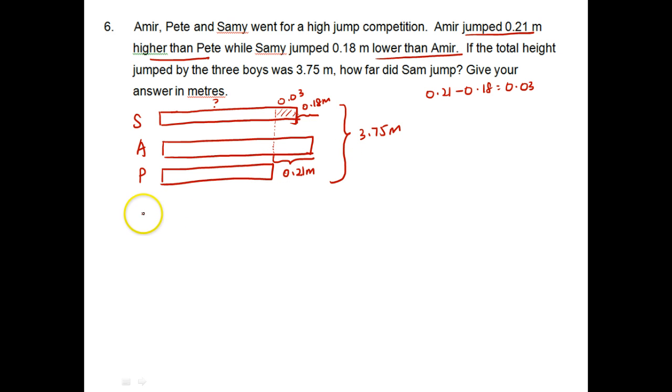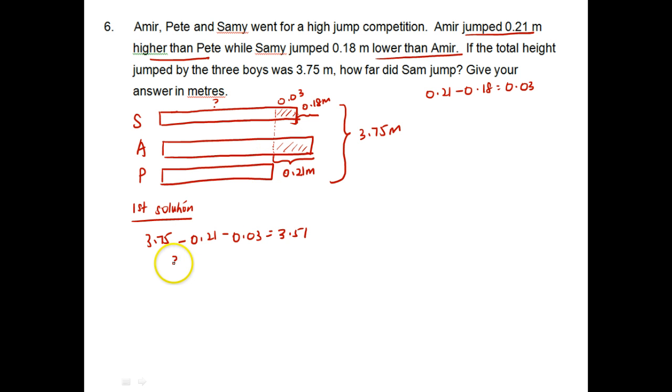So how do I subtract? My first solution, I take 3.75 minus 0.21 minus 0.03, and my answer would be 3.51.